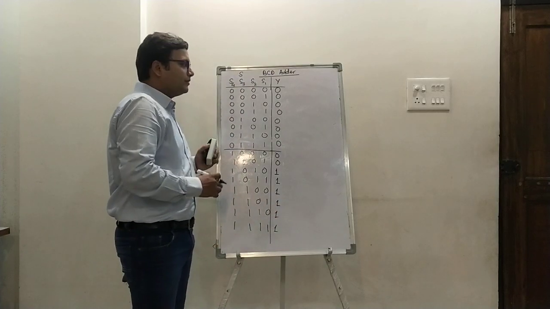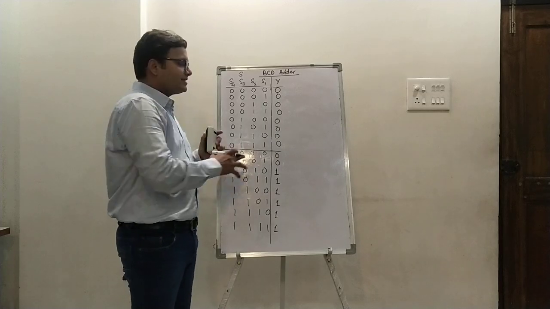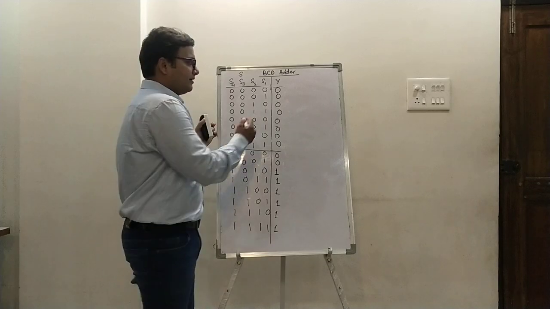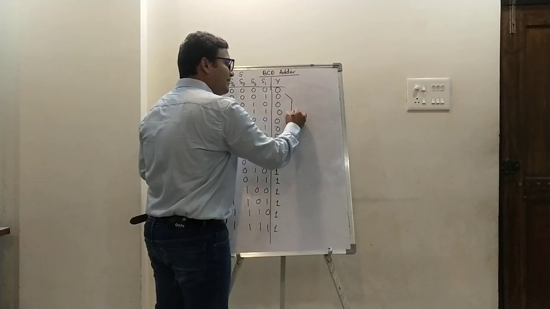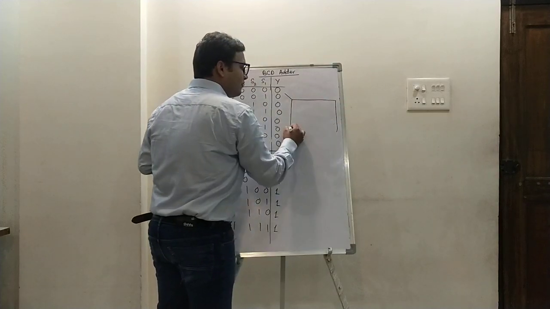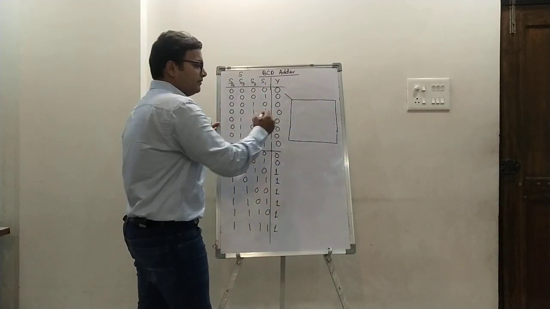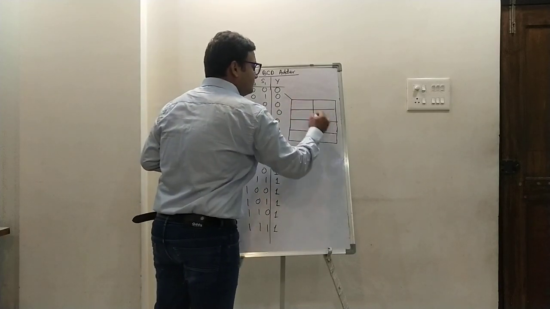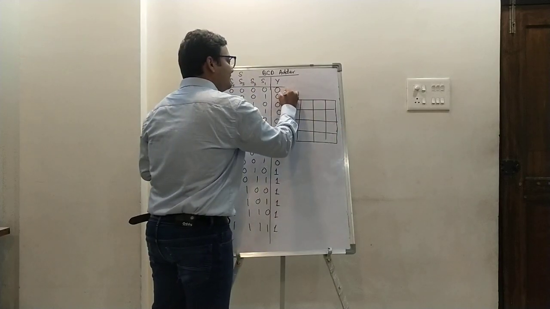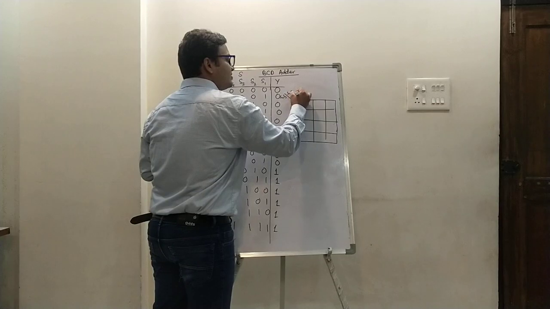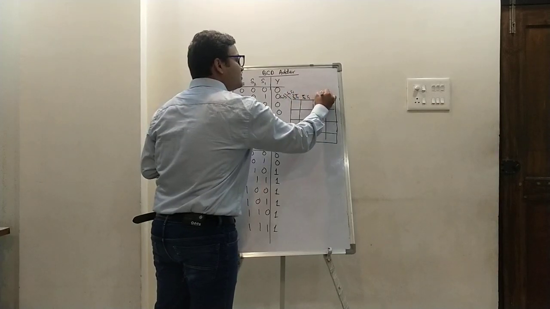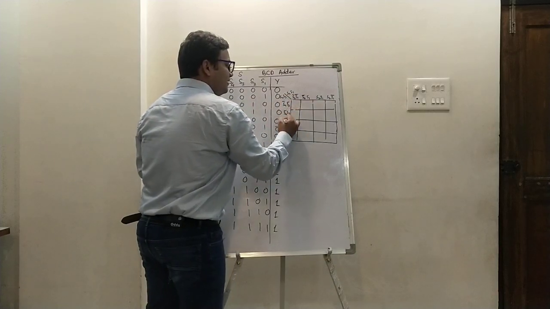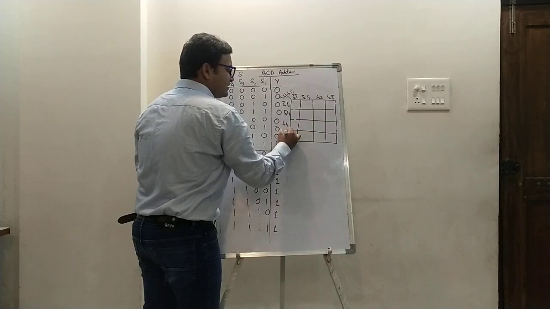To design any combinational circuit, first I draw my truth table, then to get the minimized function, which is obtained with the help of a K-map. Since it's a 4 variable function, a 4 variable K-map will work for it. The variables are S4, S3, S2, S1. So this is S2 bar S1 bar, S2 bar S1, S2 S1, S2 S1 bar, S4 S3, S4 bar S3, S4 S3, S4 S3 bar.